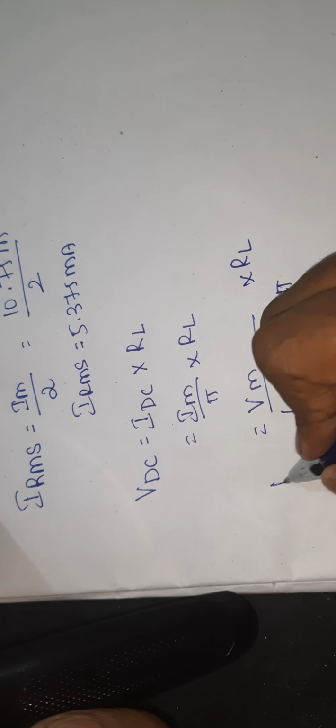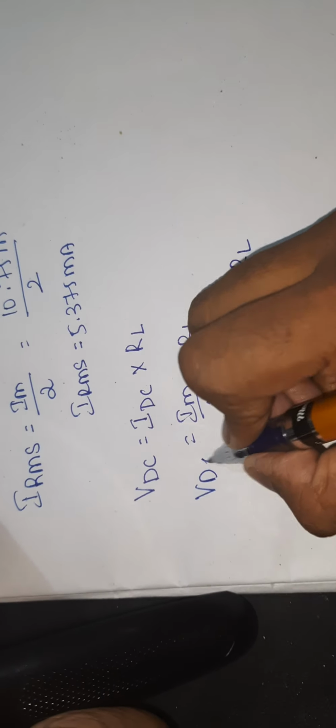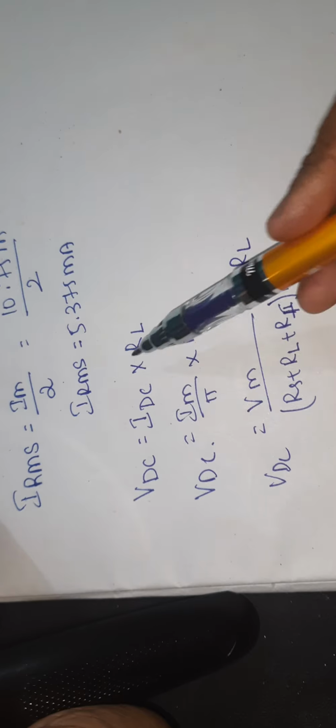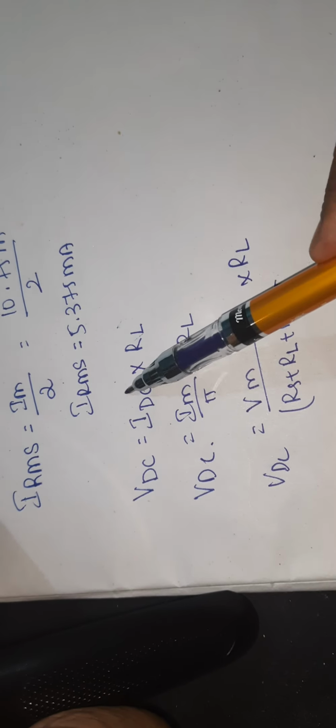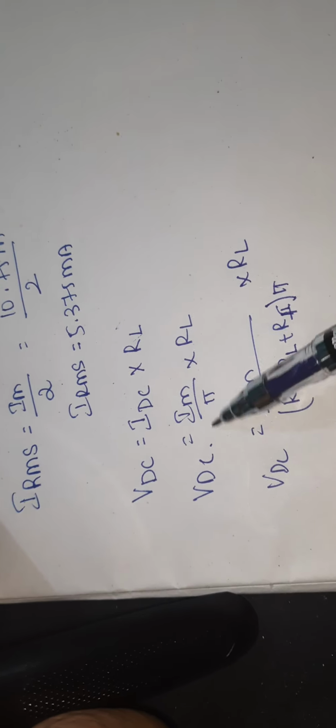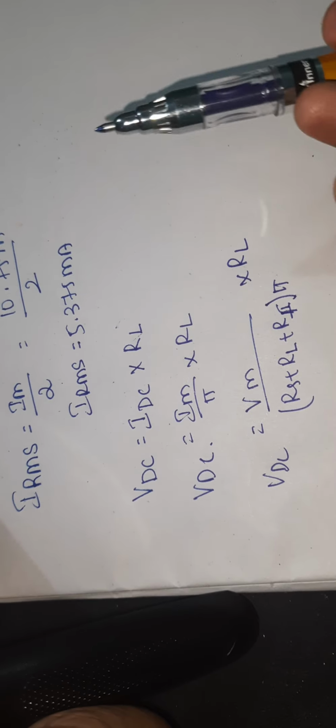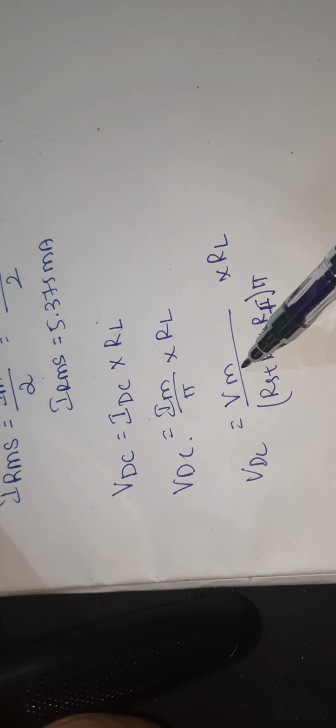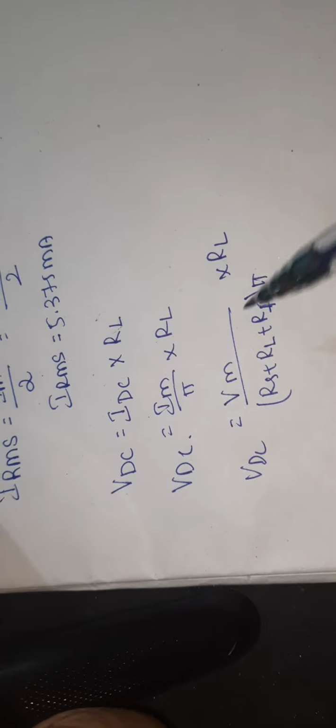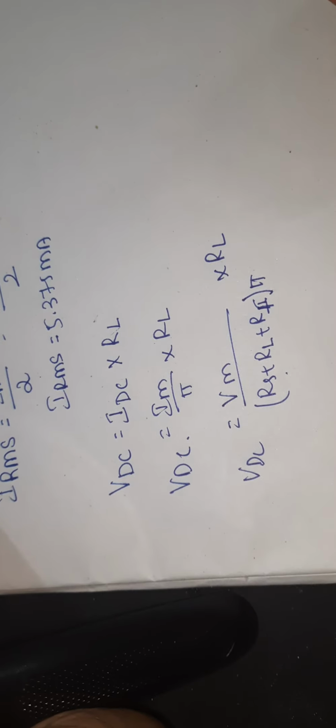This formula I can use. Three different formulas. This is the first basic formula. I don't have the IDC value, but I have the Im value, means I can use this formula. I don't have Im also, but Vm will be there in almost all problems, so you use this formula.